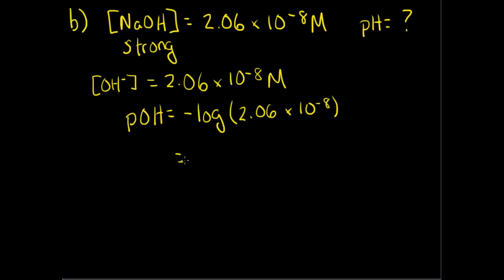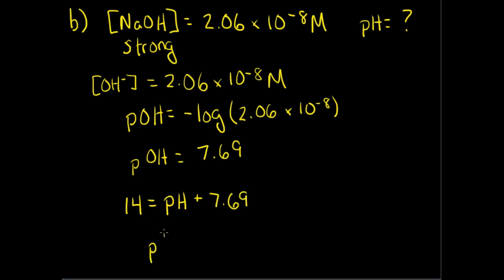Run that through, and we get a whopping 7.69 as our pOH. You can probably see what step you need to take from here. 14 equals our pH plus our pOH, which is 7.69.